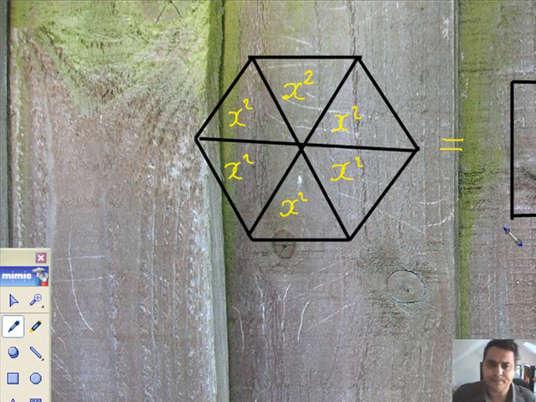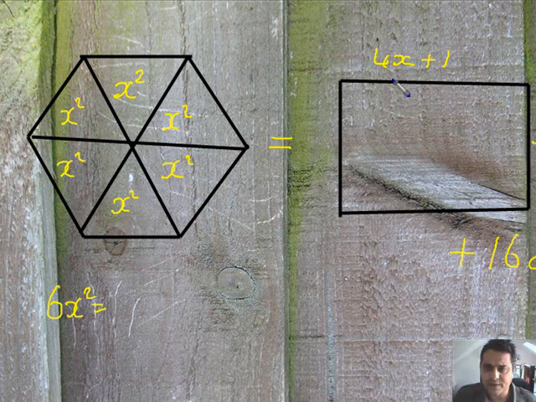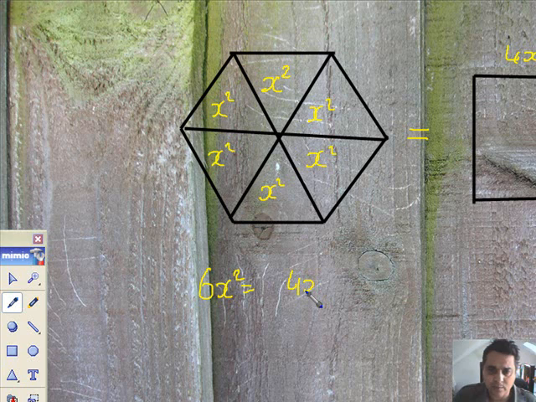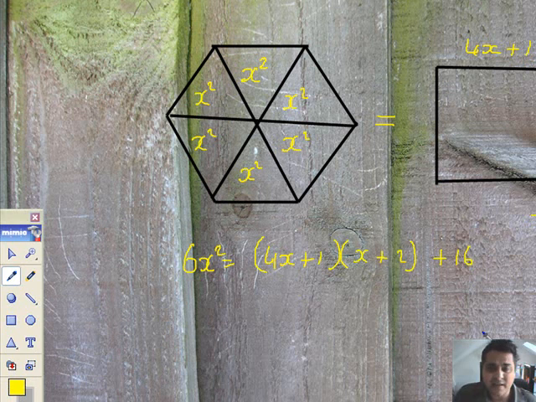So let's get working. Right, well that's 6x squared straight away, and that equals the area of the rectangle plus an extra 16. Well, here's the area of the rectangle. It'll be the length times the width, and then we're going to add 16. Okay, there's my equation.